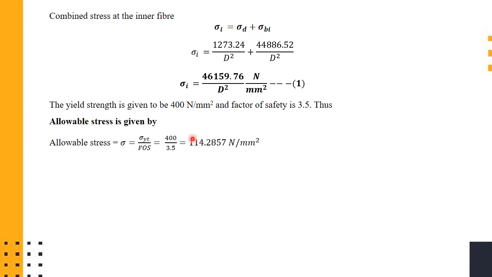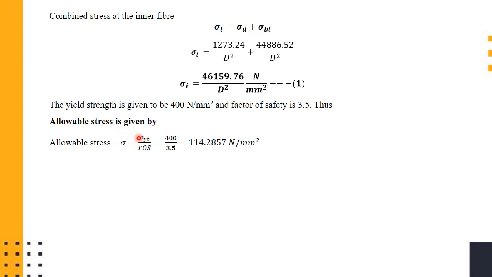Here, as I said, the yield strength in tension is given, and it is around 400 Newton per mm square. And also the factor of safety is given. I mentioned this in the design of gear itself. So allowable stress you can easily calculate for any material if you know the yield tension as well as the factor of safety.